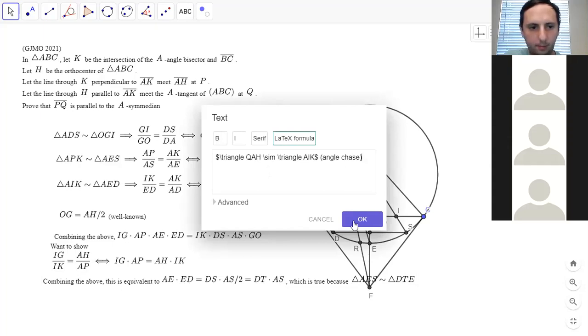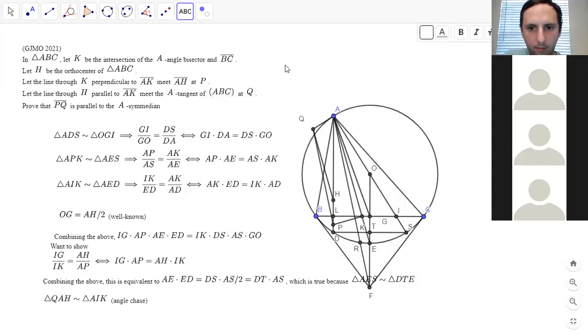And then if we combine it with the above, we get QAP is similar to AIG.